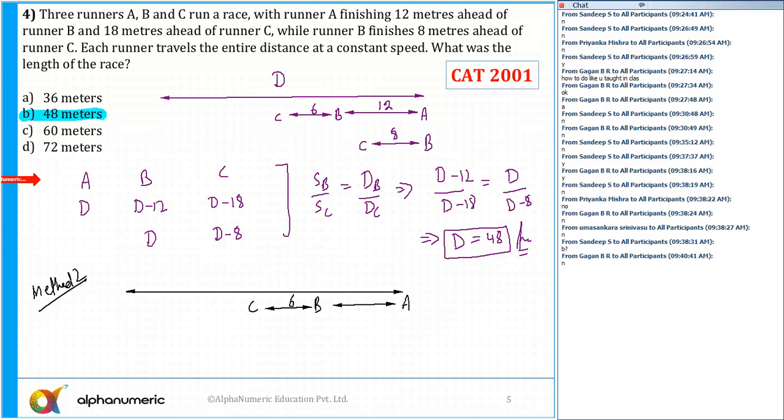When B finishes the race, the gap between B and C is 8. So the gap between B and C has increased by 2 meters, yes or no?